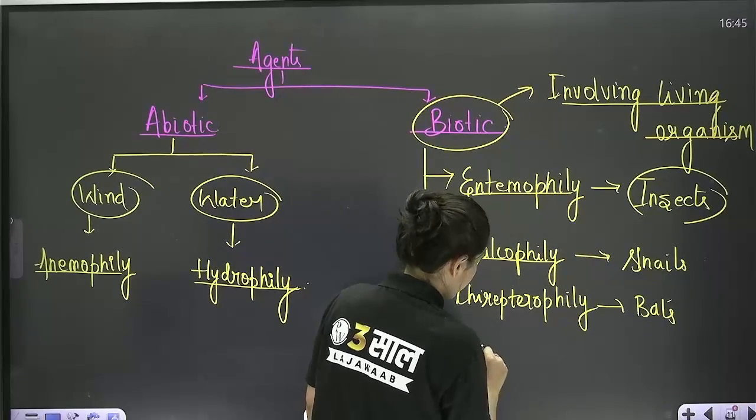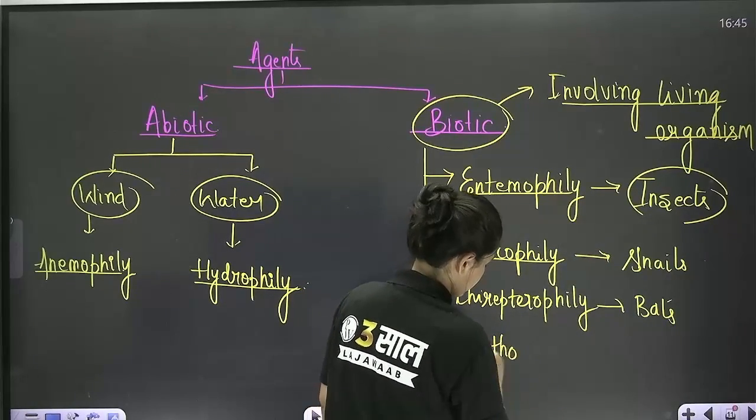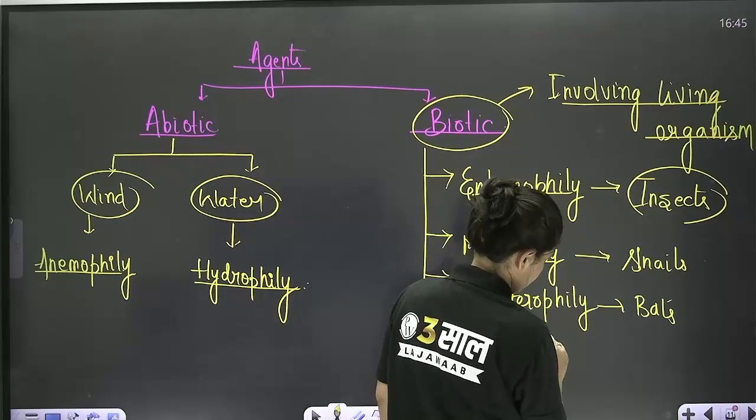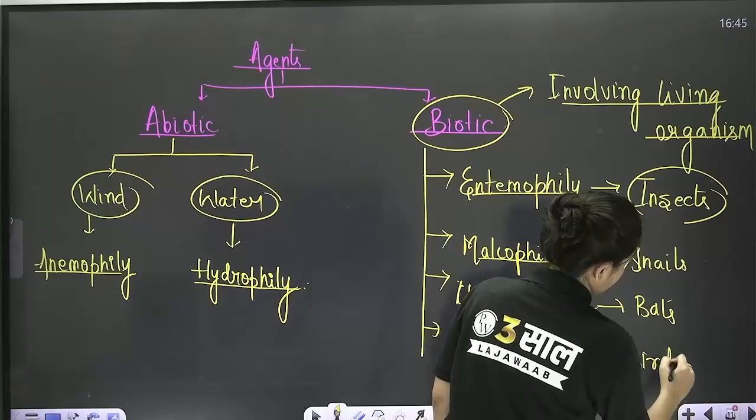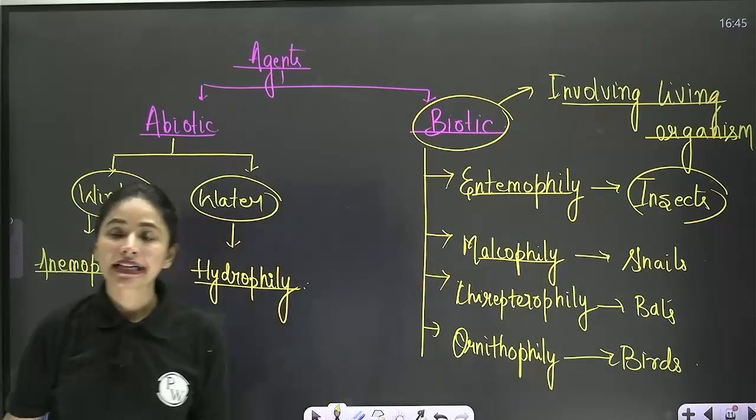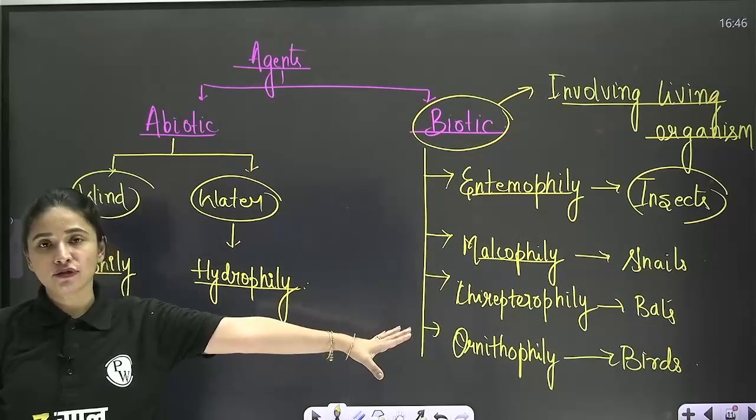Ornithophily, pollination by birds. Right? Clear? So these are the different agents of pollination.